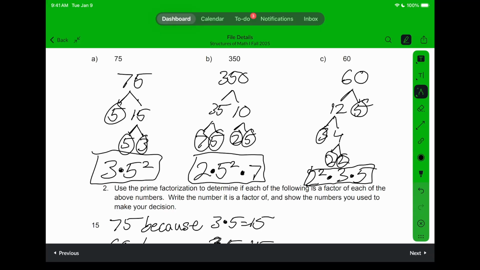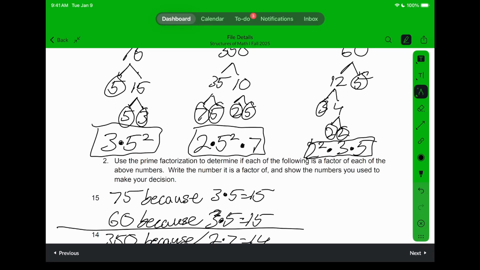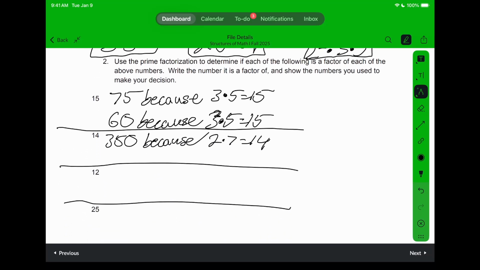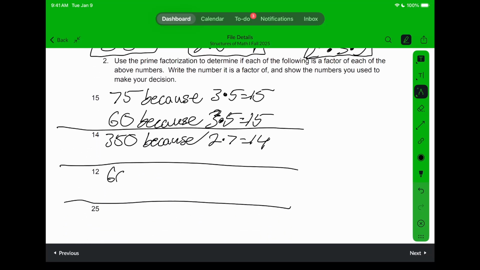Can't make 12 out of that. 60, you don't have a 4, but you have 2 times 2, which equals 4, times your 3. 2 times 2 times 3 equals 12. So, yes, 60, because 2 times 2 times 3 equals 12. Because 2 times 2 is 4. 4 times 3 equals 12.